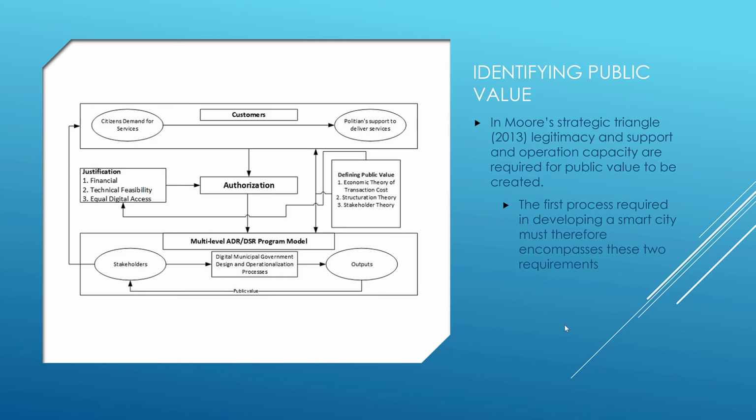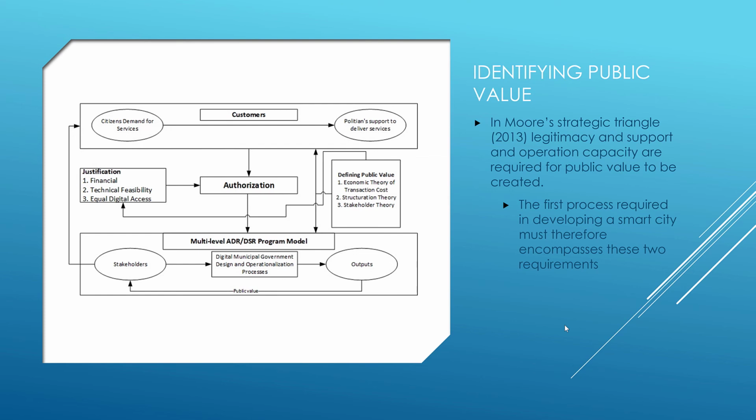In Moore's strategic triangle for public value, he says that legitimacy and support and operational capacity are required for public value to be created. So, support for a project comes from a demand for service. Citizens have demand for service, politicians have a demand for service. And then on the governmental side, we have a financial feasibility.